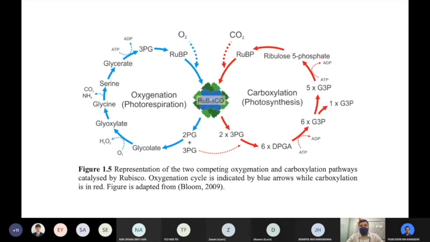So many groups have been studying Rubisco by introducing a number of mutation sites to see whether they can improve the efficiency of Rubisco.